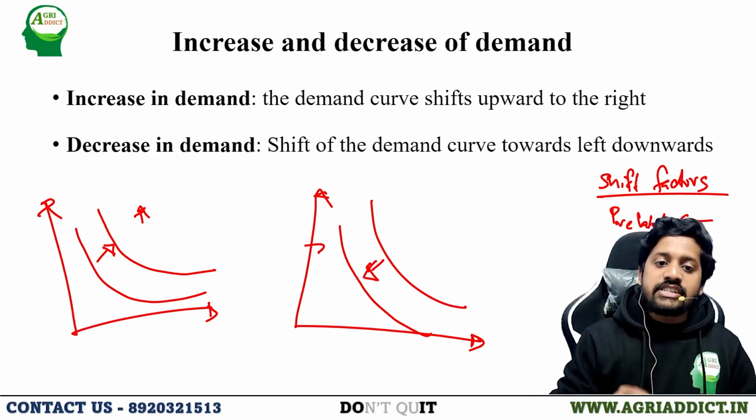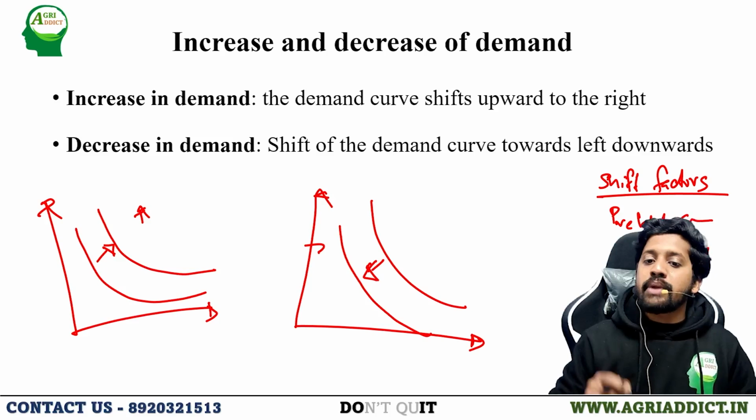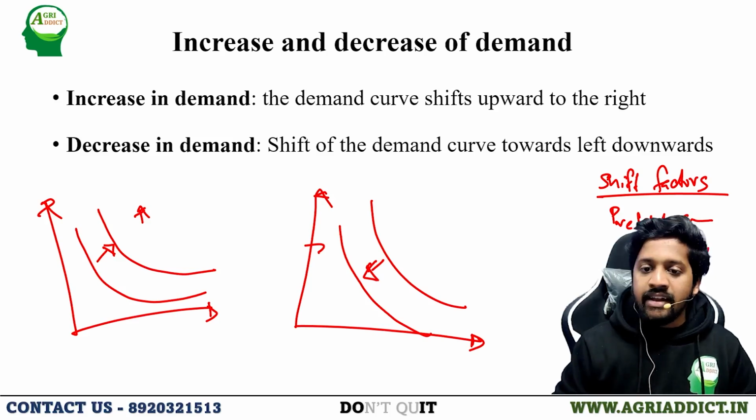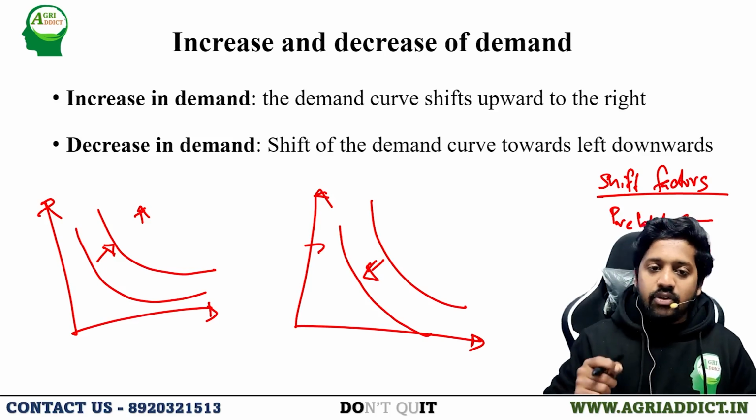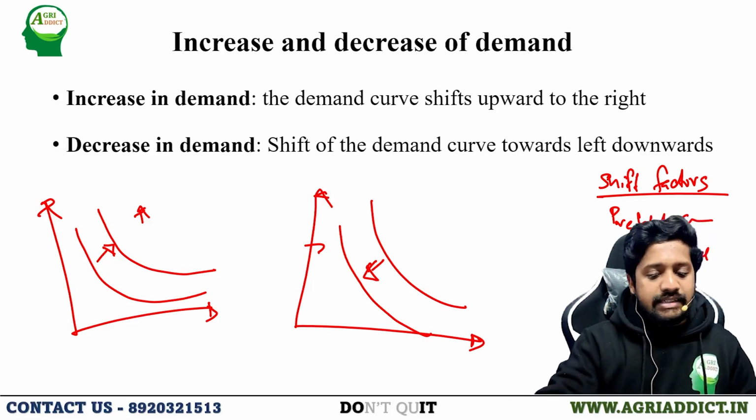The factors responsible for the increase or decrease in demand are shift factors, and they include price of the related commodities, income level, taste, preferences, composition of the population. Apart from the price of the commodity, whichever factor causes the increase or decrease in demand can be considered a shift factor.